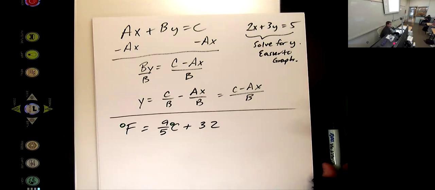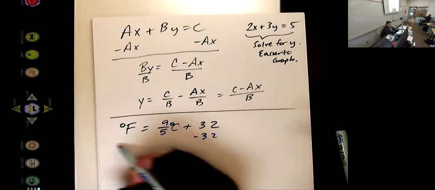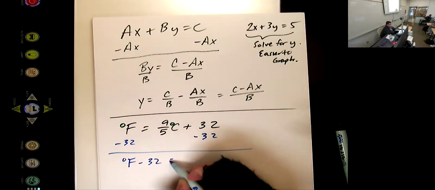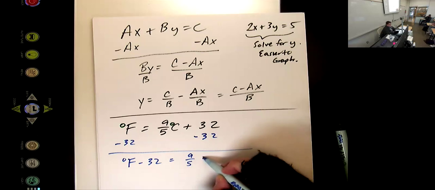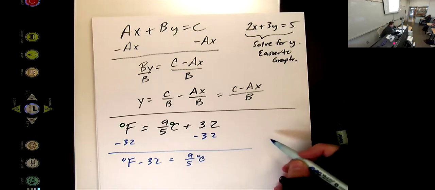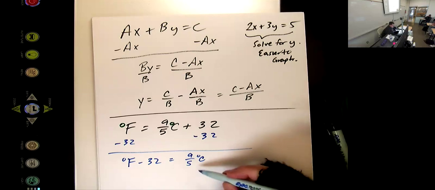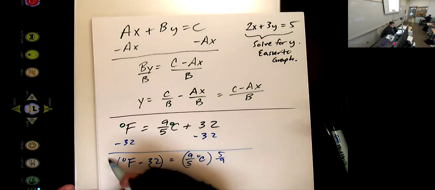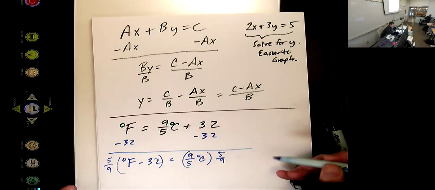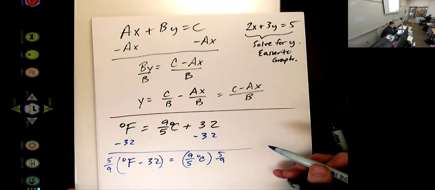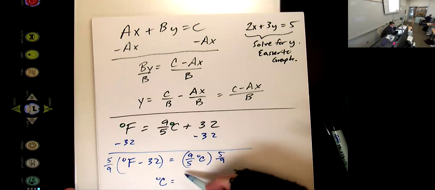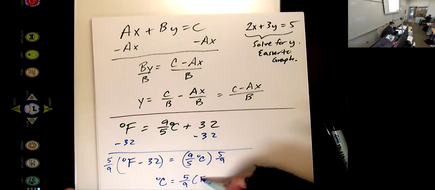You could do it one at a time for every Fahrenheit, or we could subtract 32 and get degrees Fahrenheit minus 32 equals 9/5 Celsius. Then rather than dividing by 9/5, I'm going to multiply by the reciprocal. So C equals 5/9 times F minus 32.